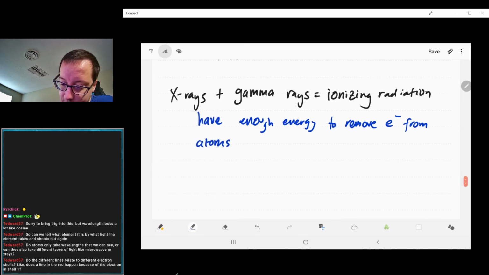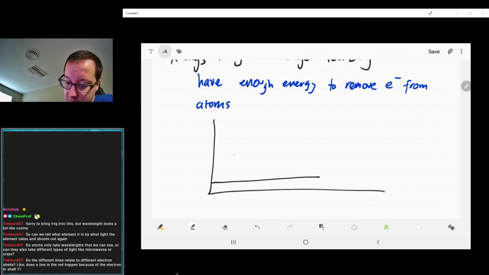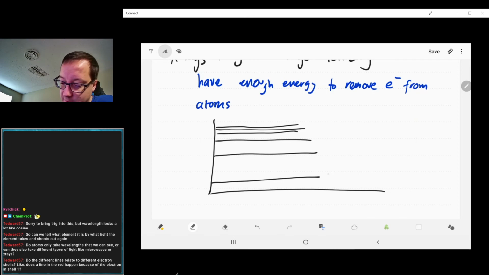So we're going to go ahead and answer that question. We're going to see that a particular atom is going to have these energy levels.